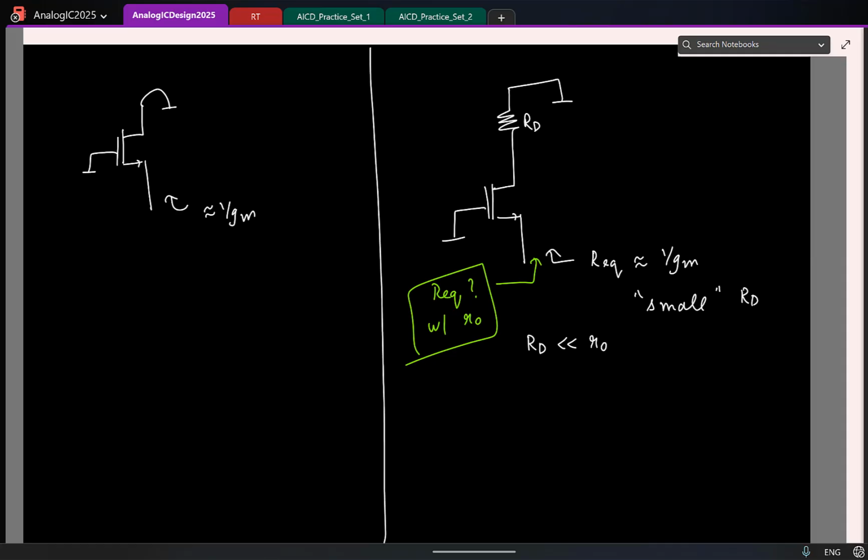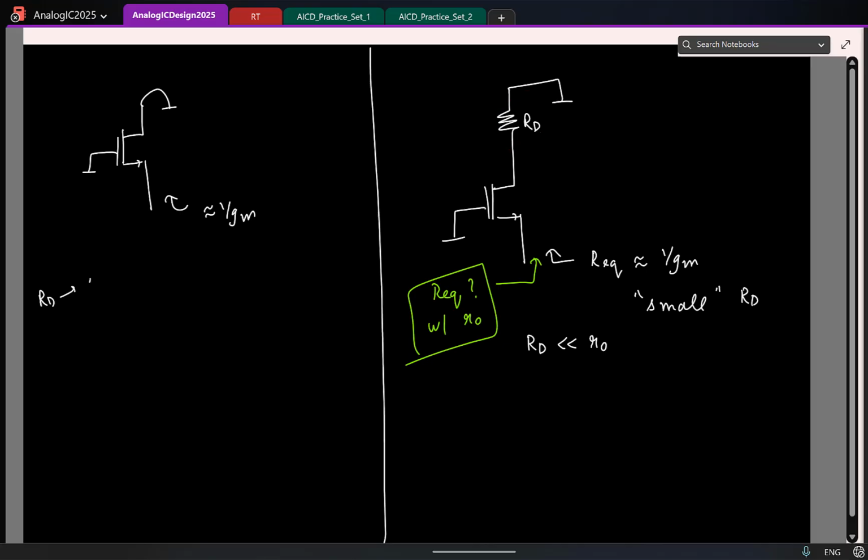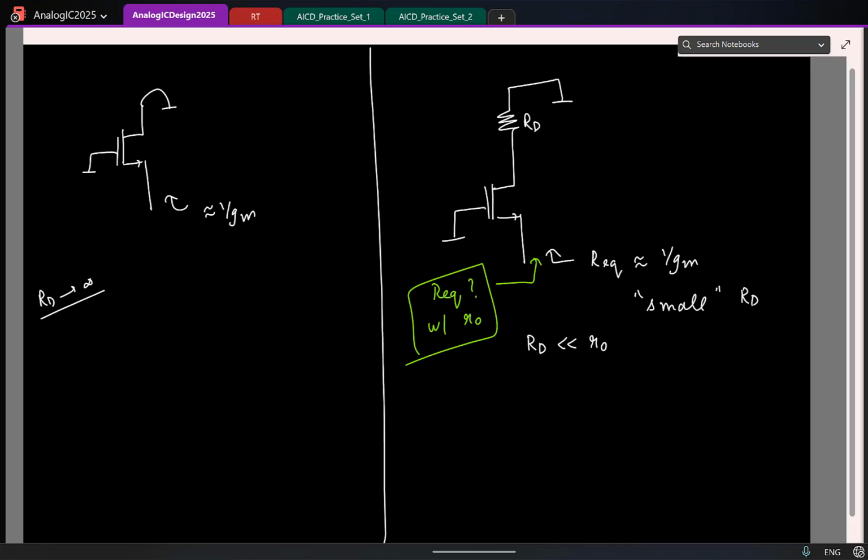And in fact, in the limiting case, let us say RD is very large, so I will take RD to be infinity. RD is infinity, which means for small signals, I have an open circuit like this. Or in other words, for small signals, it is open circuit. So in the large signal picture, what should be here?